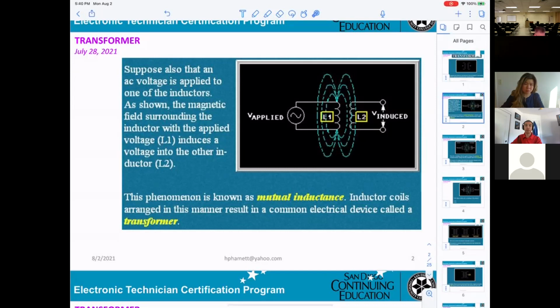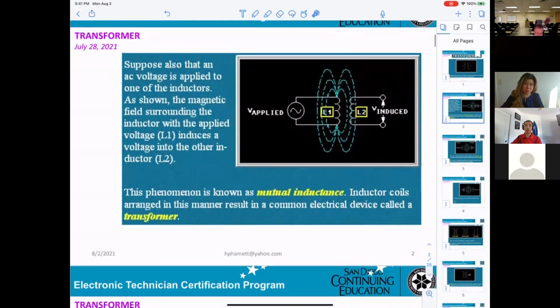Inductor coils arranged in this manner result in a common electrical device called a transformer. They transform from one voltage to another voltage.